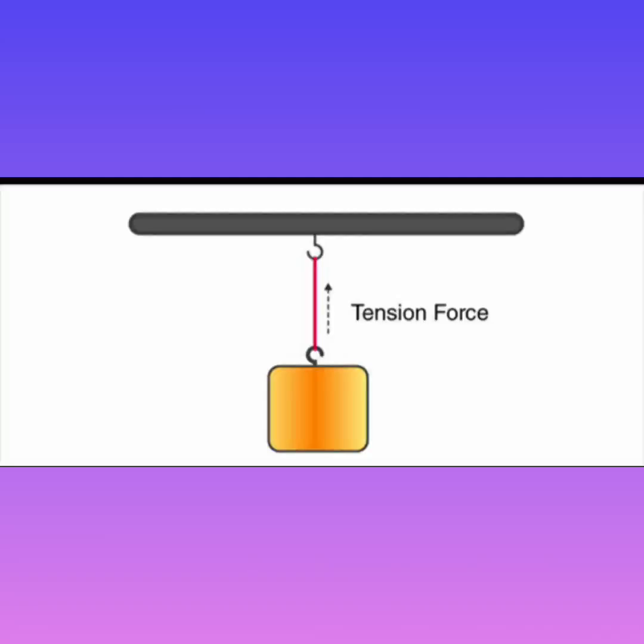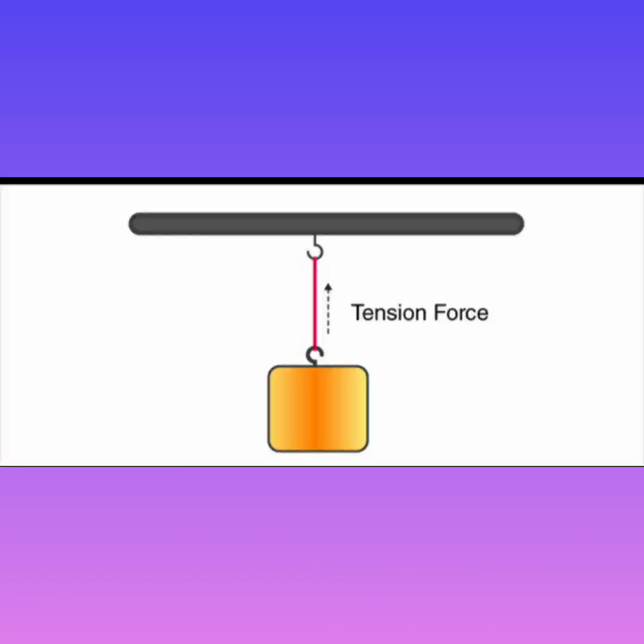Whenever any object is being supported by another object, children, there is always an unseen gravitational force which is always pulling towards earth. But there is a string between the ceiling and the stone, so the stone does not fall down.